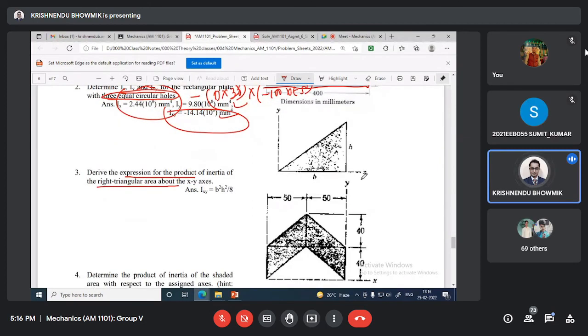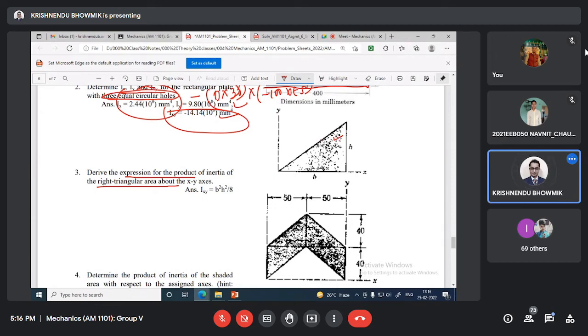Now, problem number 3, derive expression for the product of inertia of the right triangular area about the xy axis. This is a very good problem indeed. So, what we can do?